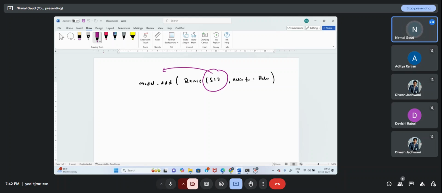This is the dimension. You are having a layer with 512 neurons present in it. It is saying that only, that's an input dimension.